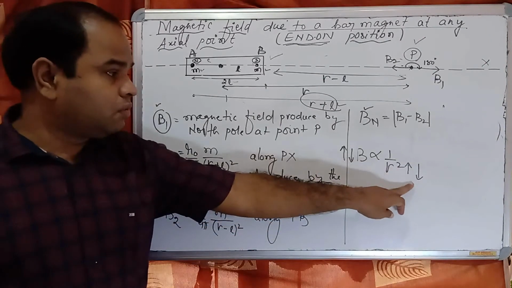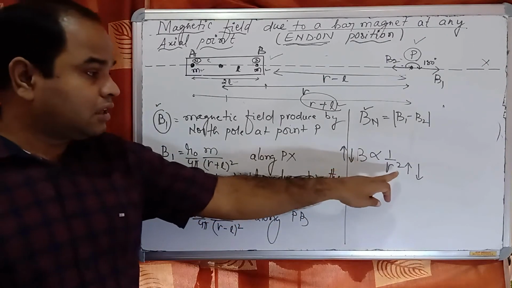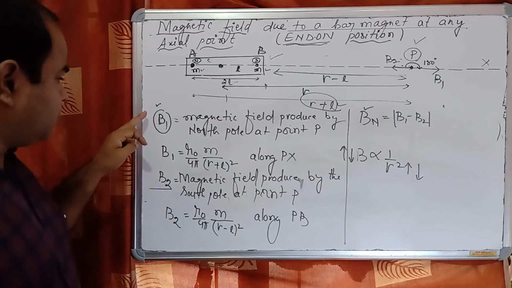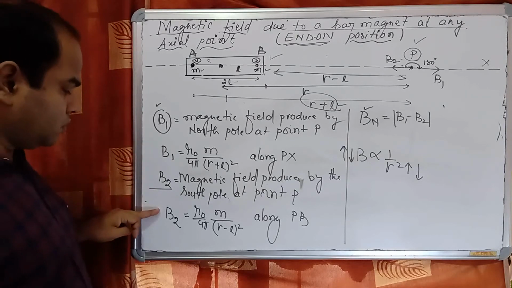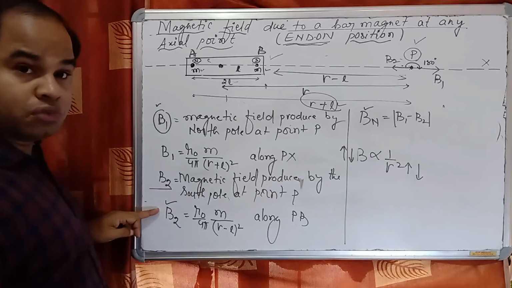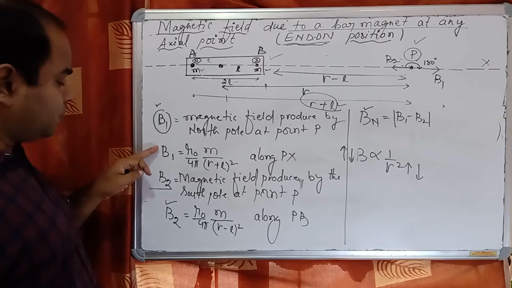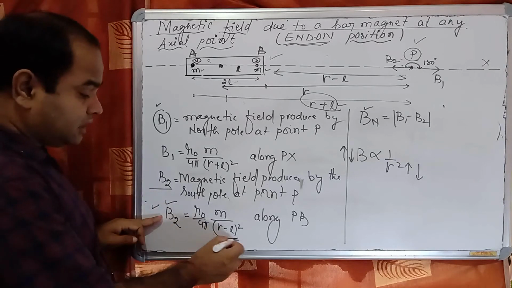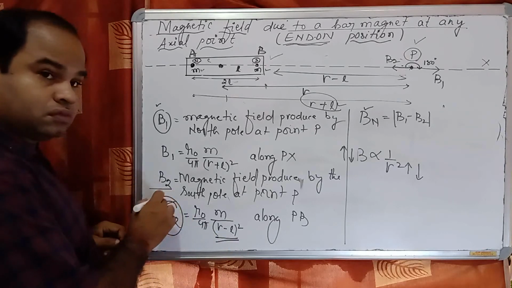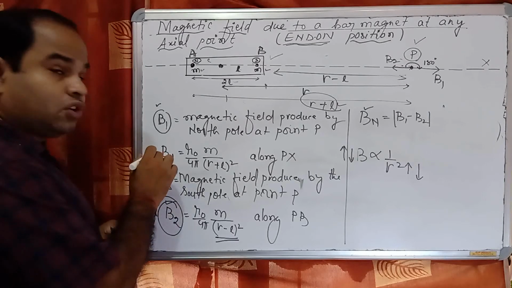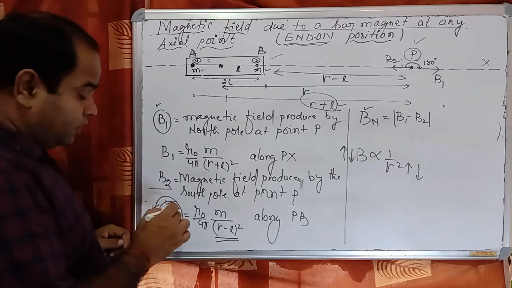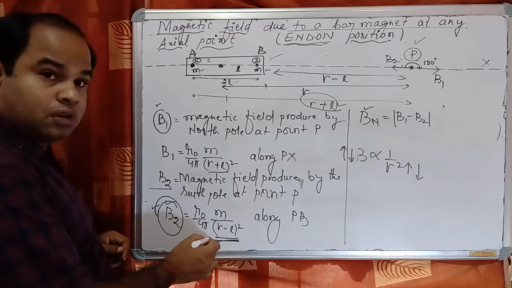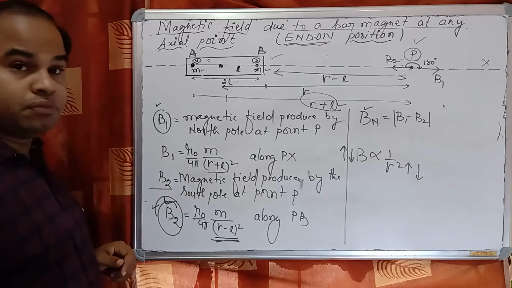When we consider B1 and B2, the distance of B2 is less, so the magnetic field of B2 is more.